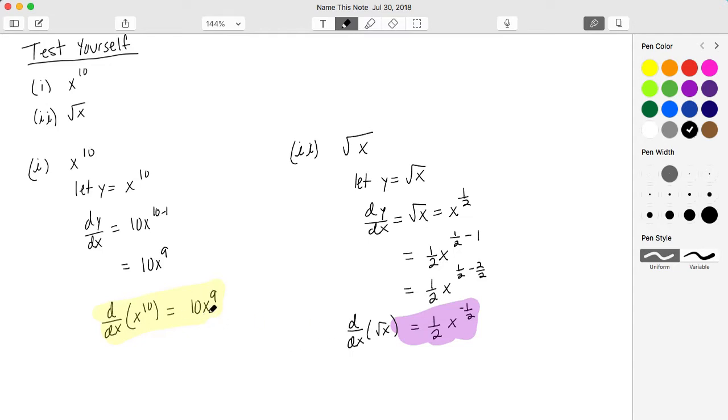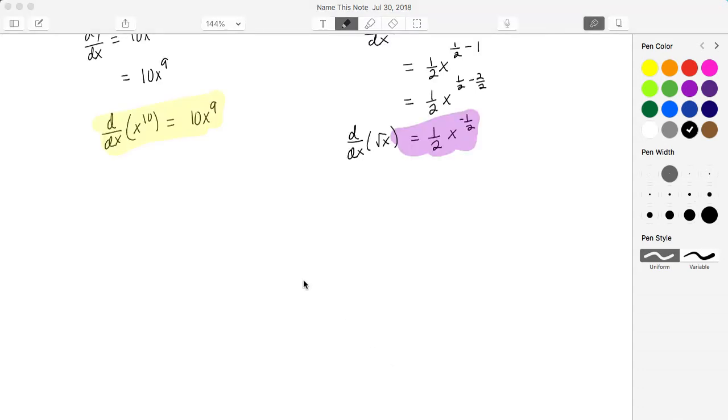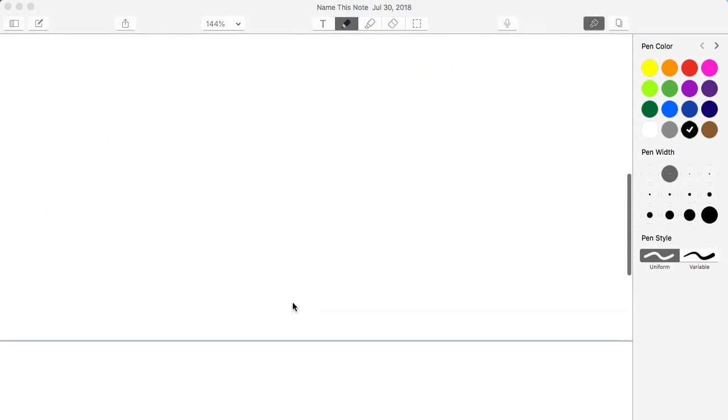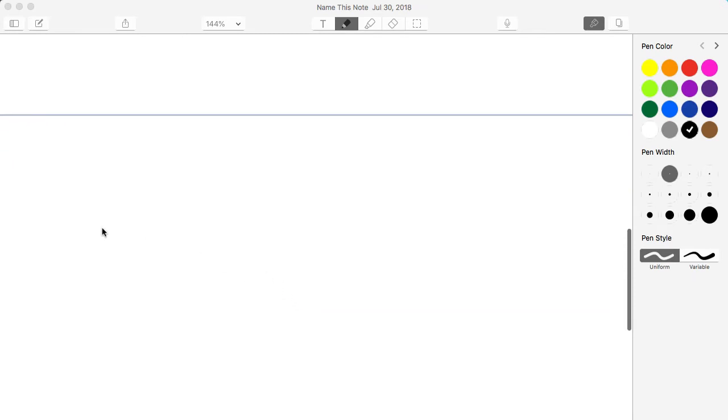Okay. Now, knowing that you are comfortable with derivatives, we can start looking at integrals. The basic definition that we're looking at right now is, let's say that we have a function, we have the derivative of a function.